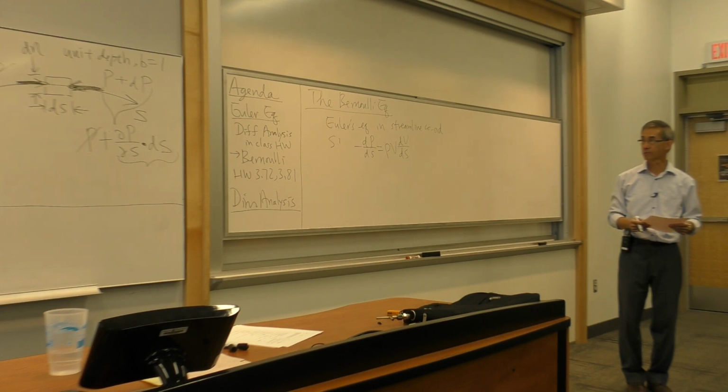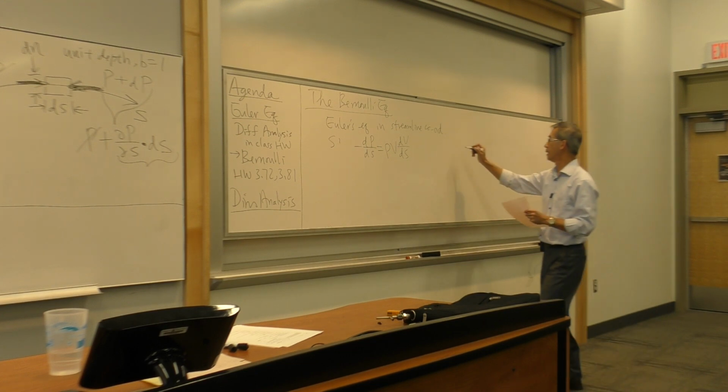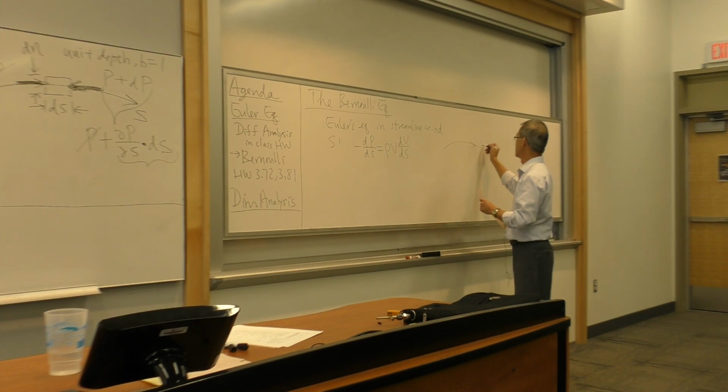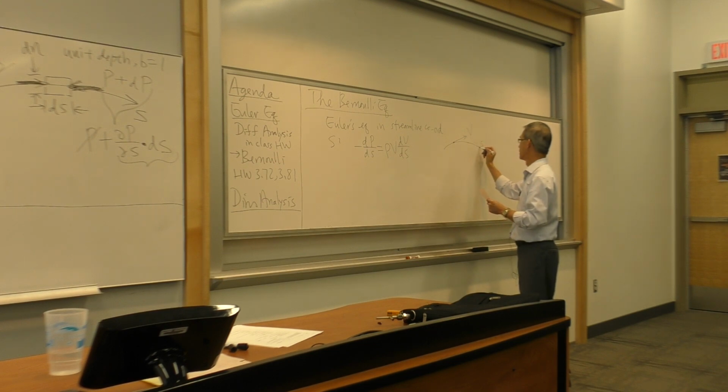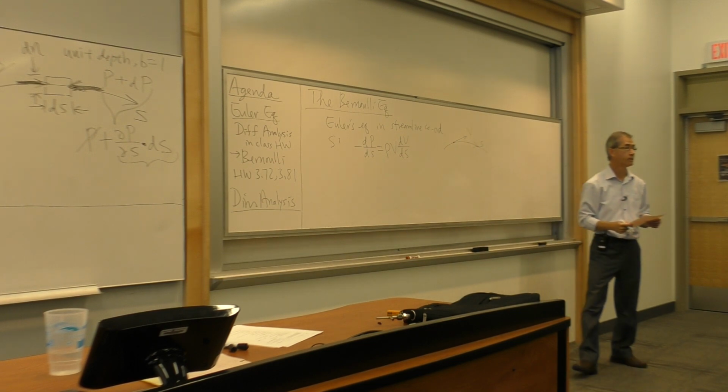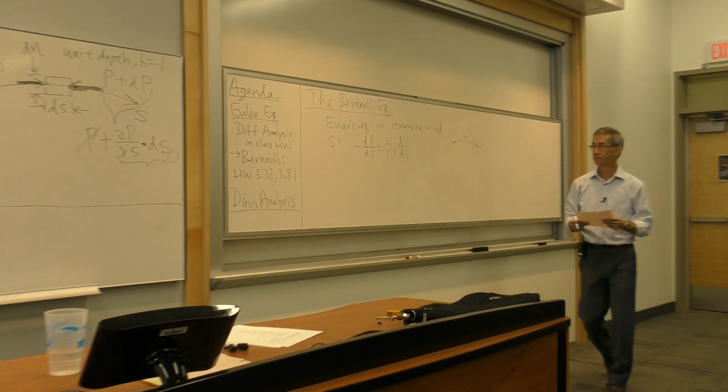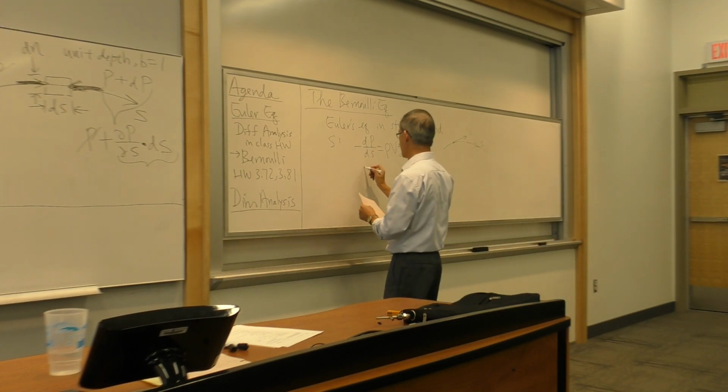So this is what we have shown just momentarily, and it requires a streamline in the flow field, and the direction of this equation applies along the streamline. So I'm going to rearrange this algebraically.